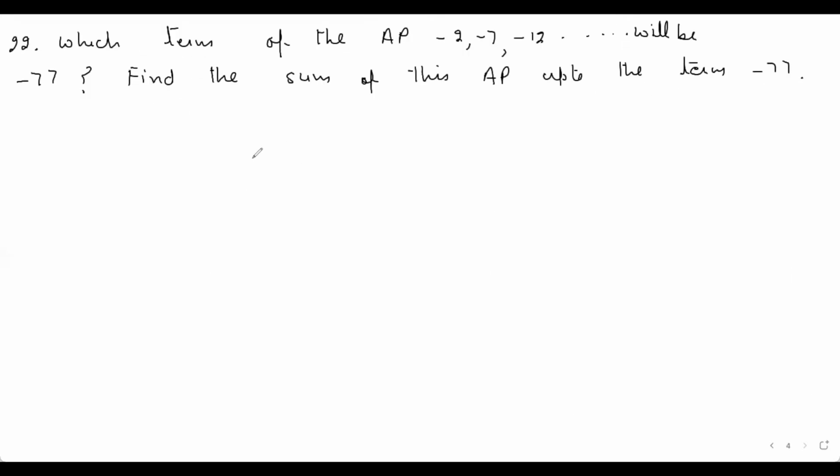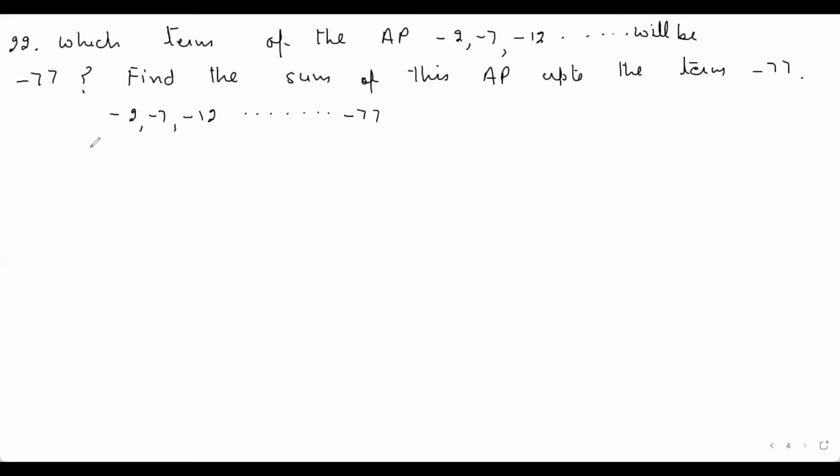Now the 22nd question is: which term of the AP minus 2, minus 7, minus 12 onward will be minus 77? Find the sum of this AP up to the term minus 77. Now here the AP is given, minus 2, minus 7, minus 12 onward, and the last term is minus 77.